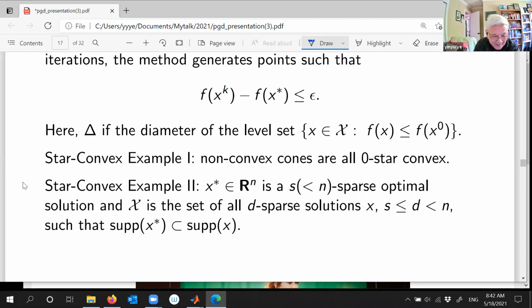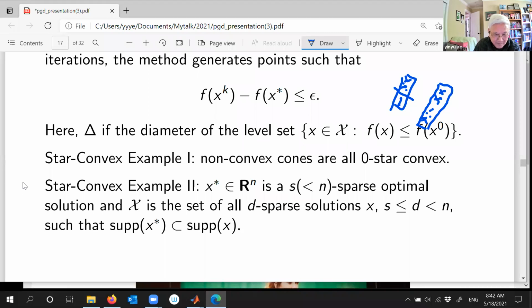But as long as the support of X star, which is those non-zero components, is contained by X. So it's like you have a very sparse solution, only 2 entries, and all the rest are equal to 0. However, you may have another vector of rank 3, but as long as those 2 support entries of X star are contained in that, then you can get other non-zero entries, okay? So as long as this matches this one, it's going to be star convex with this X star.